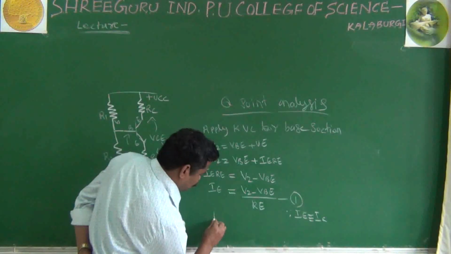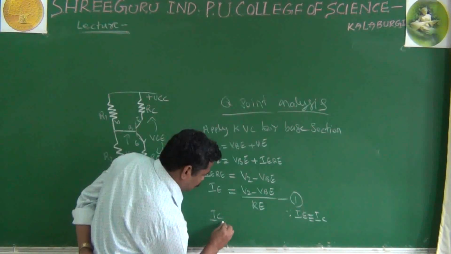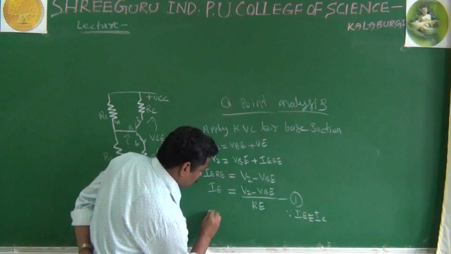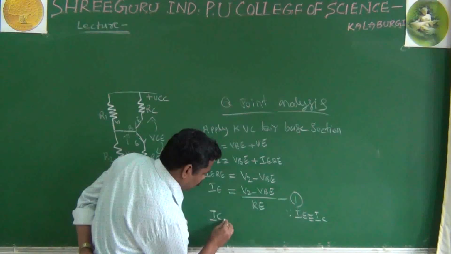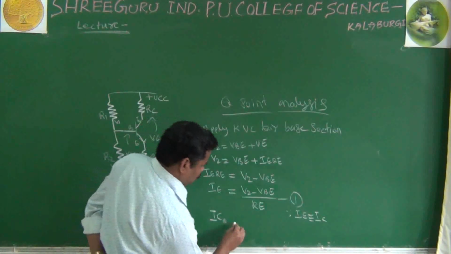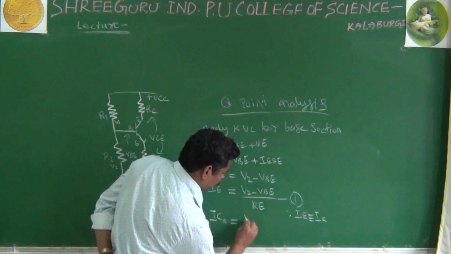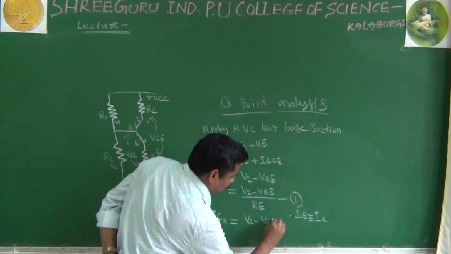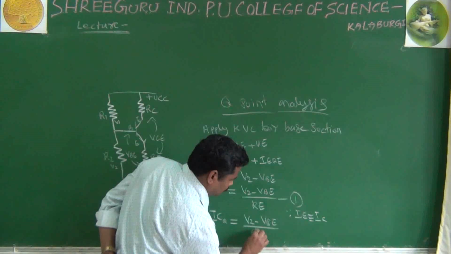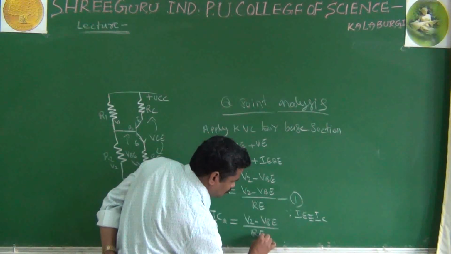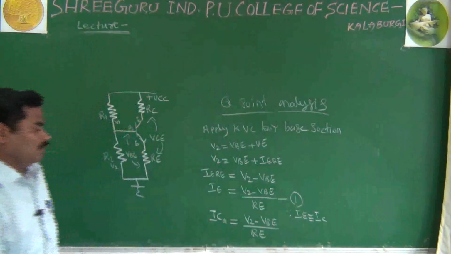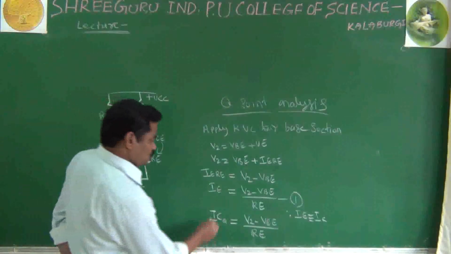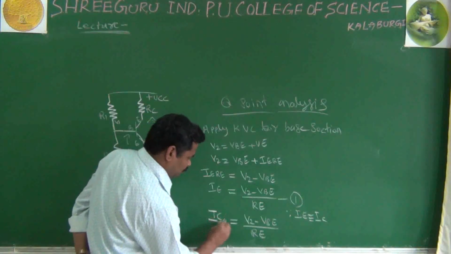That is ICQ, the output current, which is V2 minus VBE divided by RE. This is your output current, ICQ.